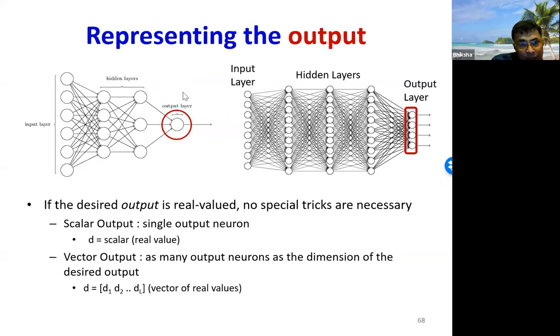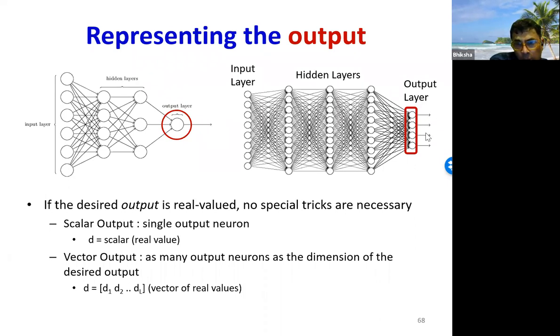The representation of the output depends on the nature of the problem. If you're trying to compute real valued outputs, then the outputs must be real valued. If the desired output is a scalar number instead of a vector of numbers, like in a scalar regression, then the network is going to have only one output neuron with a real valued output, and the desired output is also going to be a real valued number.